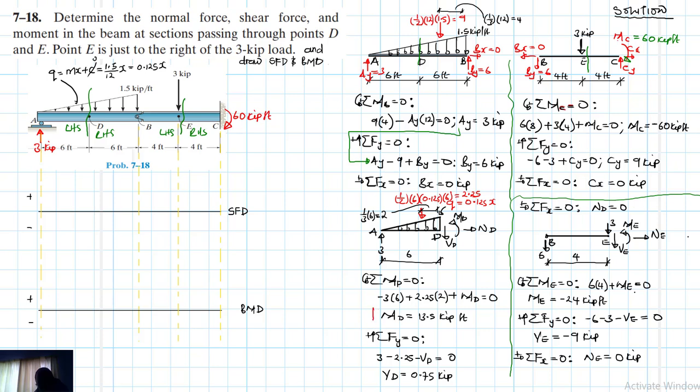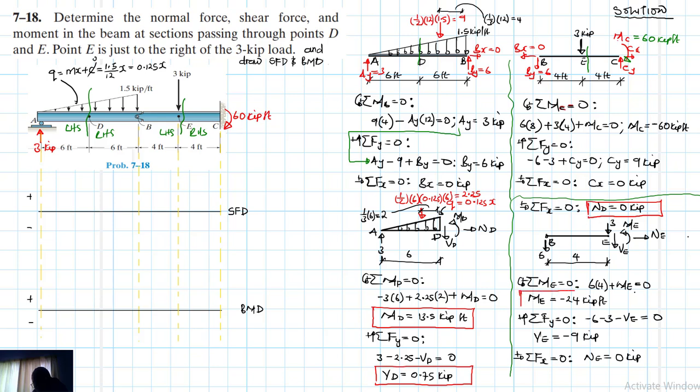So we have MD equal to 13.5. Then we have VD equal to 0.75, and the normal force ND equal to 0 kips. Great.